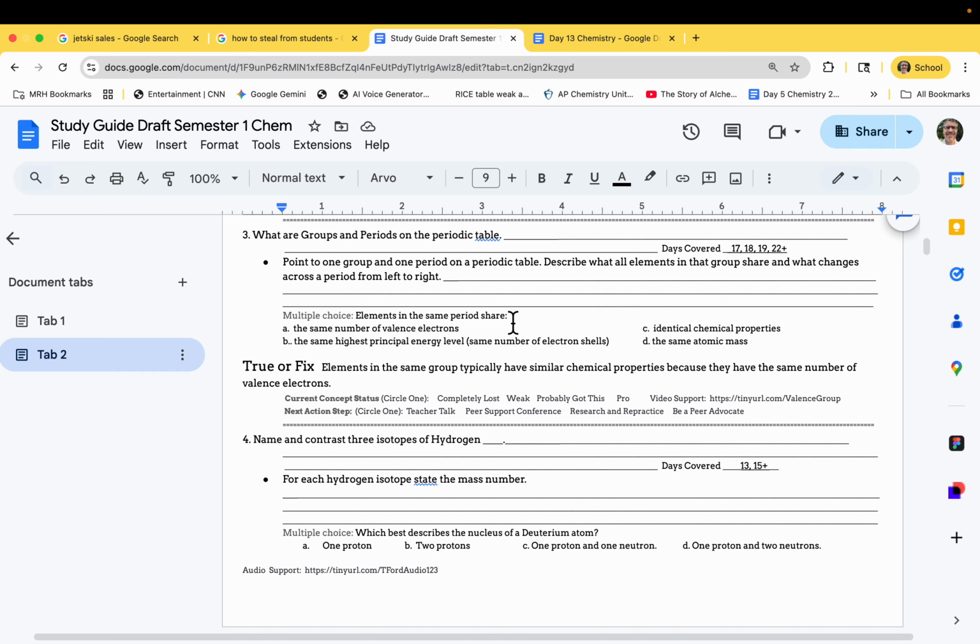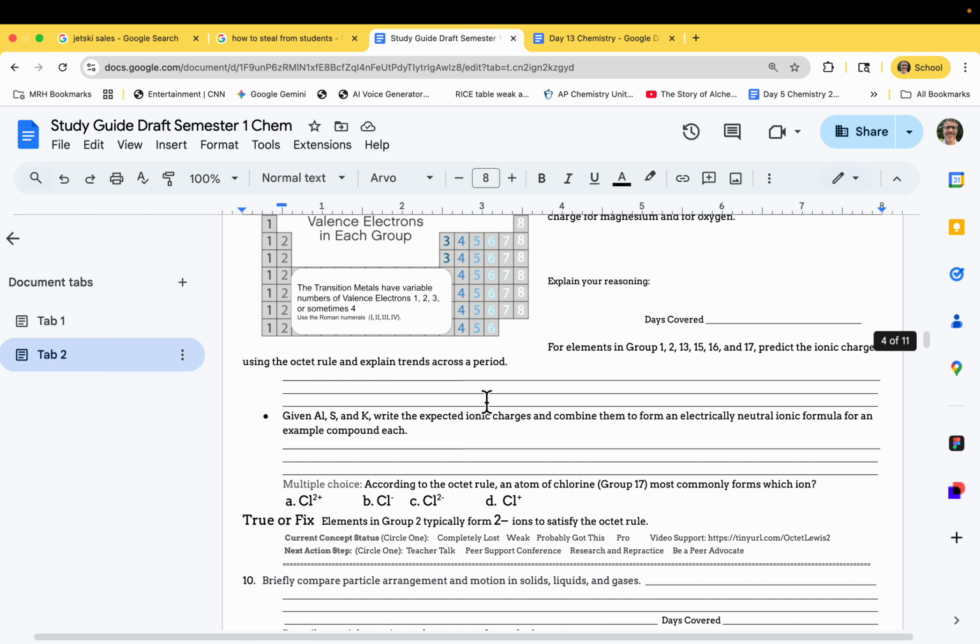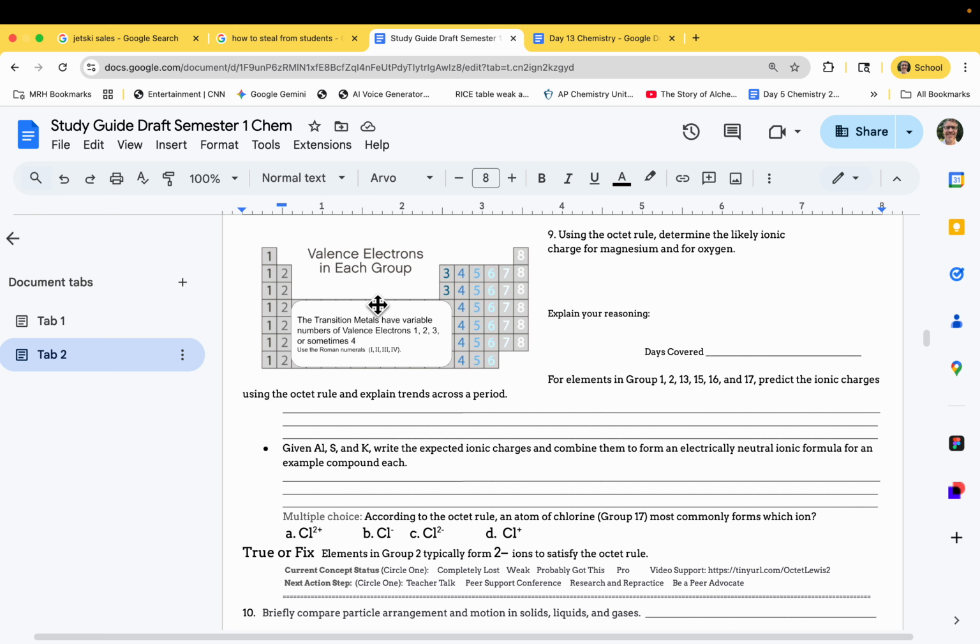Multiple choice. Elements in the same period share the same number of valence electrons. No. The same highest principal energy level or the number of electron shells? Yes, that is what they share. One way to think of this is every time you reach a noble gas at group 8, that valence shell is full, and then we pop over here to the next element is going to add a new electron in a new valence shell.